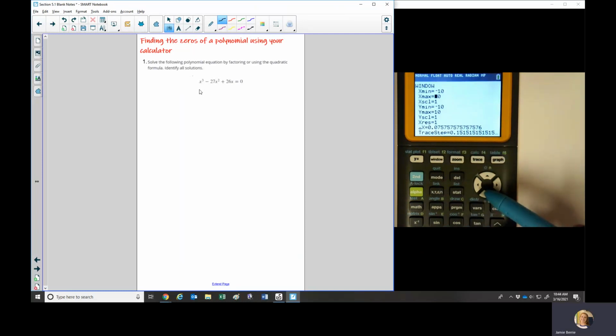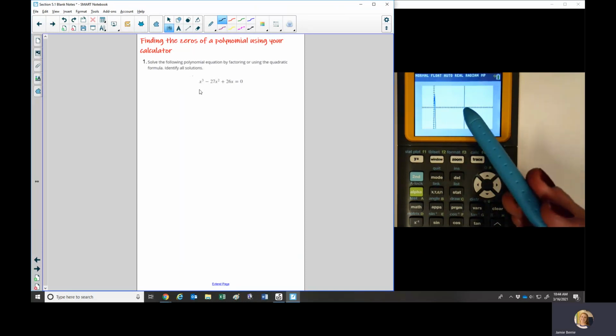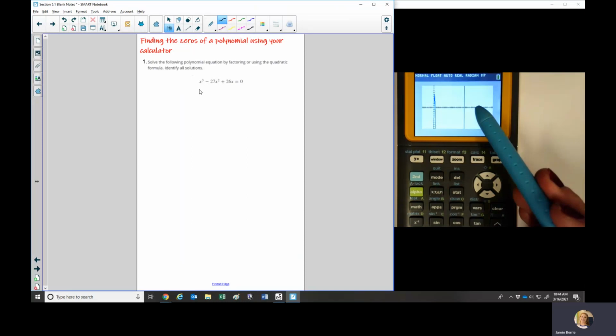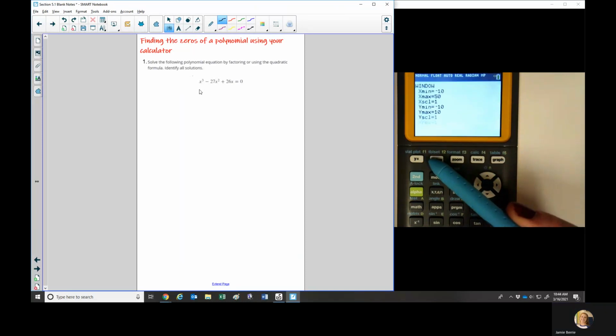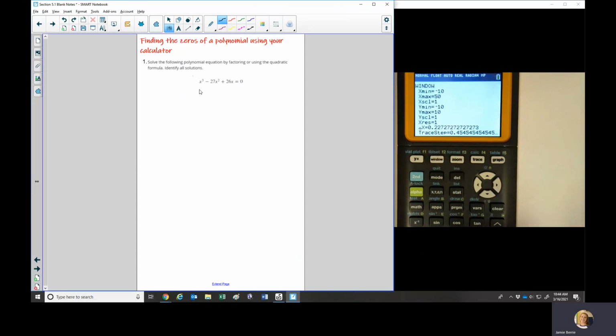X is the horizontal axis, so let's move it to, let's say, like 50. All right, so there we go, 1, 2, and there's the third one. So it looks like we way overshot it, so maybe we'll cut it back to like 30 so we can see it a little bit better. So just moving my x max to 30. See how that looks. 1, 2.